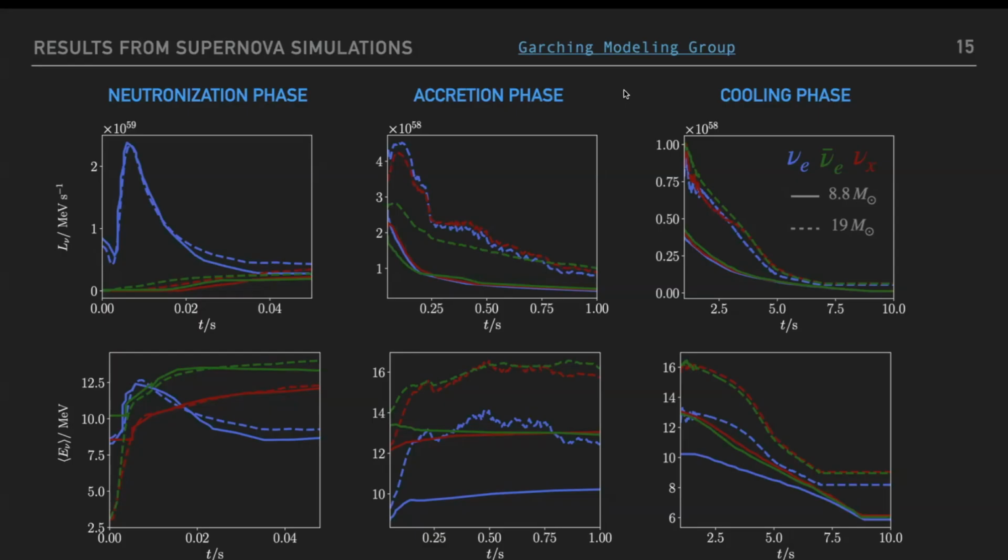An important thing that I want to underline looking at this plot is that in this very initial stage of the supernova neutrino emission, the so-called neutronization phase, the luminosity and mean energy of the emitted supernova neutrinos do not vary significantly among the two selected progenitors, something that actually happens for the other two phases. This means that the neutronization phase actually represents a robust and, let's say, model-independent prediction of the supernova theory.